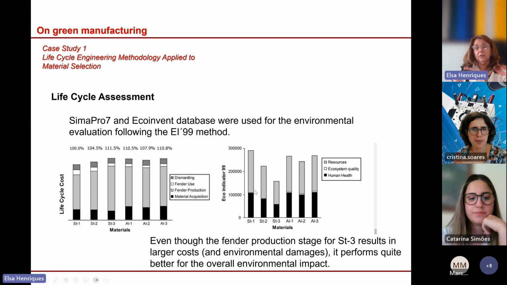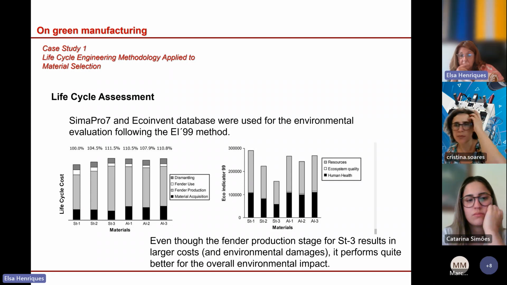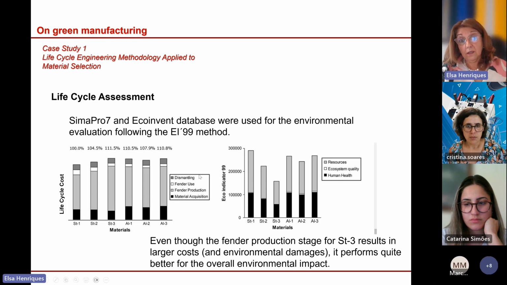And on the right side of the slide, you have the environmental impacts, so Eco-indicator 99. Okay? And here we have a very interesting conclusion in which the high strength steel ST3, the one with the higher performance in terms of engineering properties, has a reduced environmental impact.